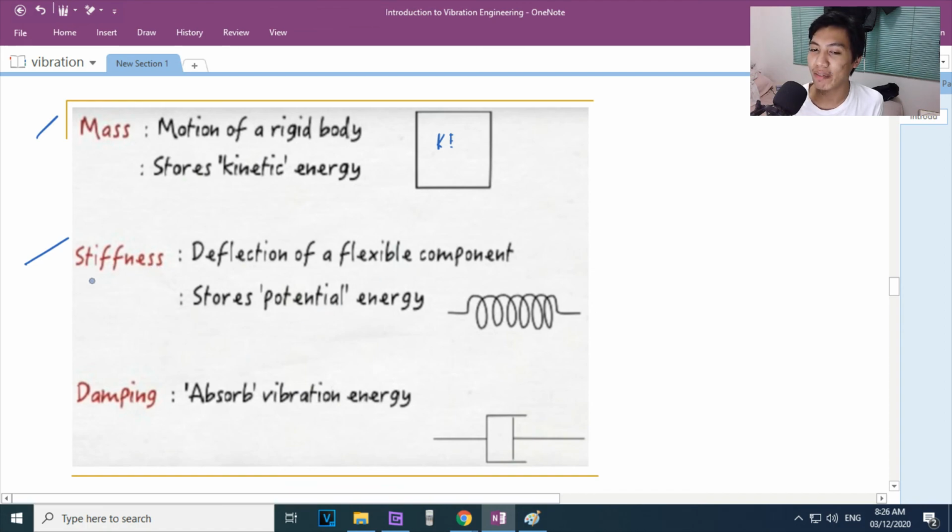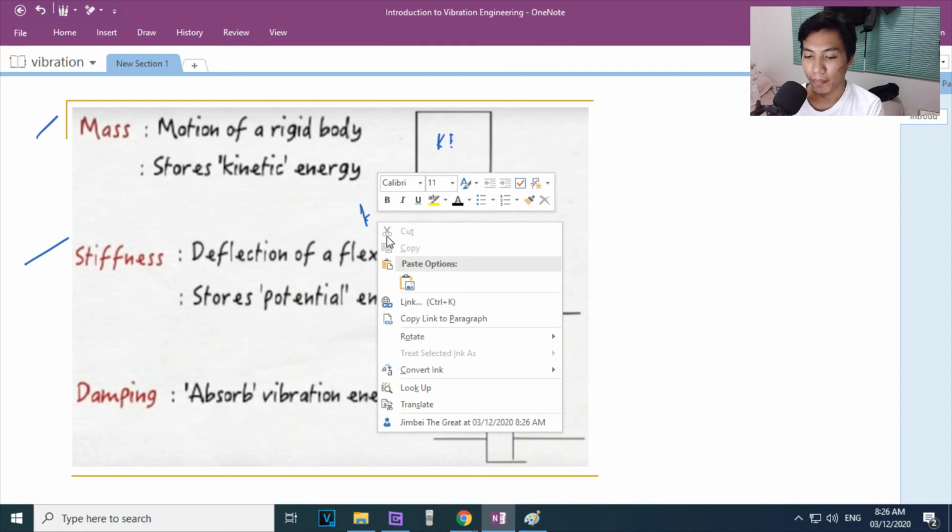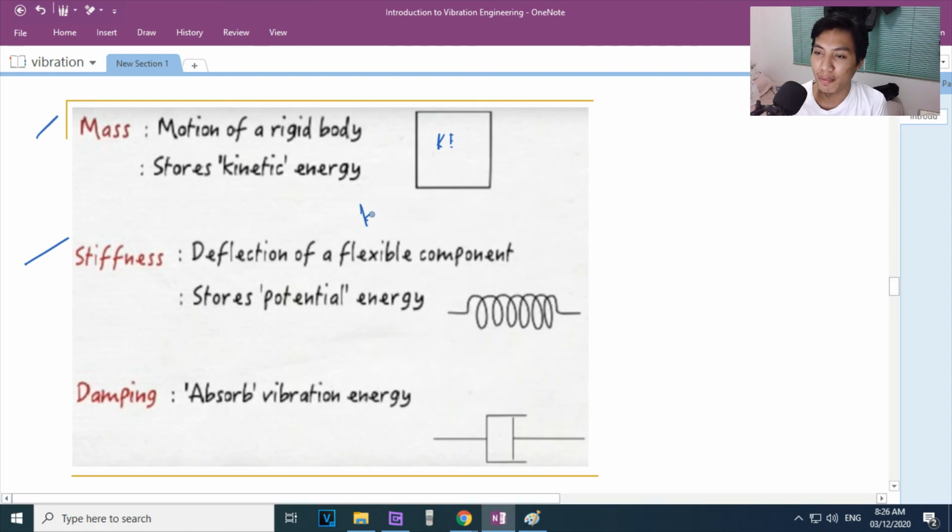And that stiffness came from what? Hooke's law. That is k. Hindi yan wall factor. That is stiffness. Ano ba measure na stiffness mo? That is pound per inch or kilogram per cm kapag springs.